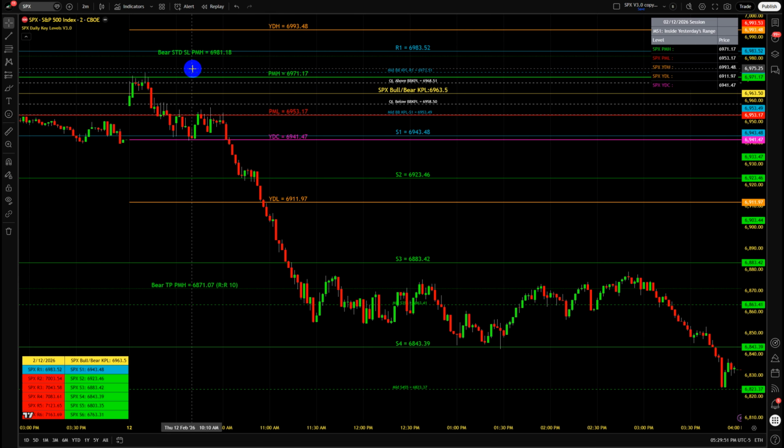That way, if you wanted to use a tight stop loss, remember the reward to risk is based on the distance of the stop loss versus the reward. So if you used a tight stop loss, it's going to be about half of this. So on that, it would only be equal to about RR5 on a standard stop loss.